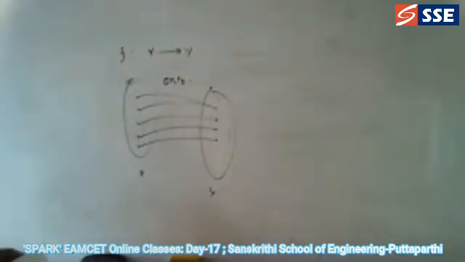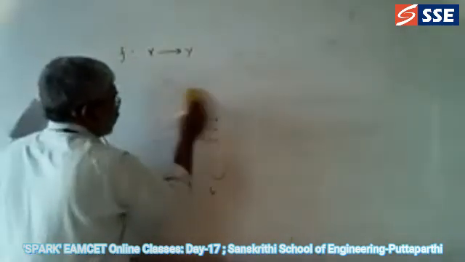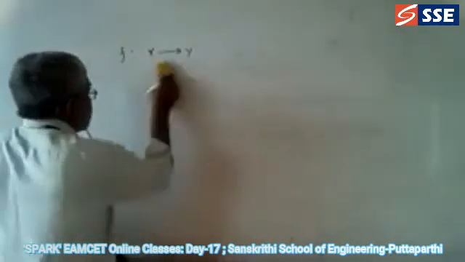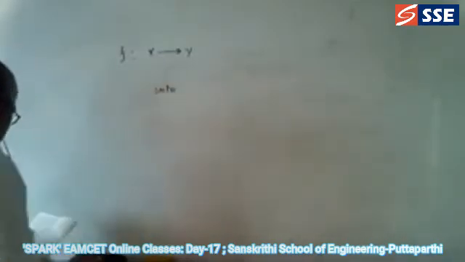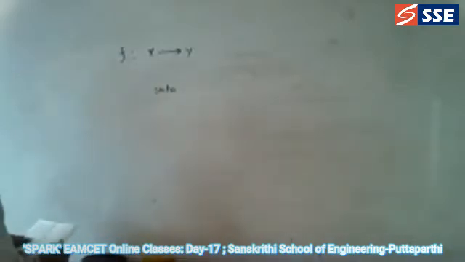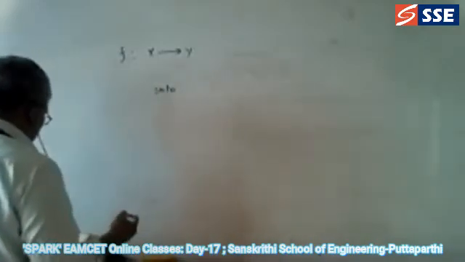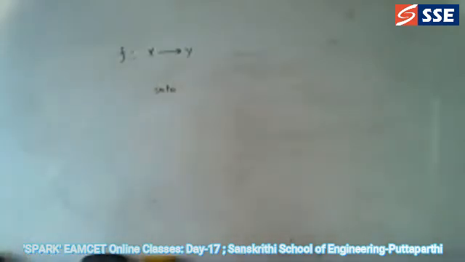Now the into function. Into function means the range of f is not equal to the codomain, and hence there is an element in B which is not an image of any element.